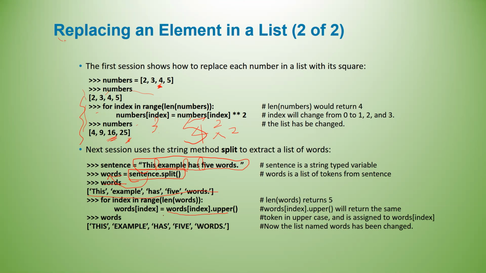Now we are using this expression, which will evaluate to the uppercase of each word, and we are assigning that new value to this location, to that element, to that variable. So we are changing each one to uppercase. Okay.